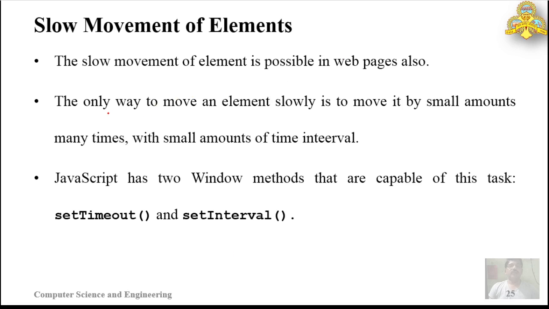This movement can be done by changing the left, top, right or bottom properties of the elements, and these are incremented and decremented by small amounts many times with small time intervals. For that, JavaScript provides two functions, that is setTimeout and setInterval.